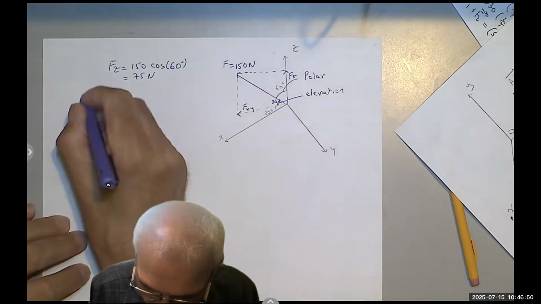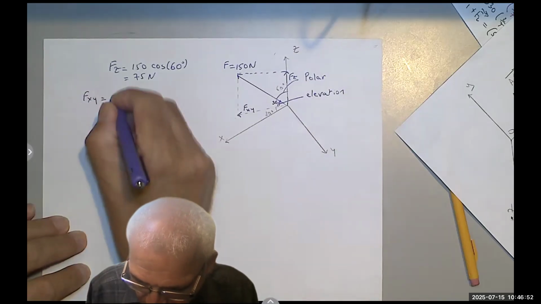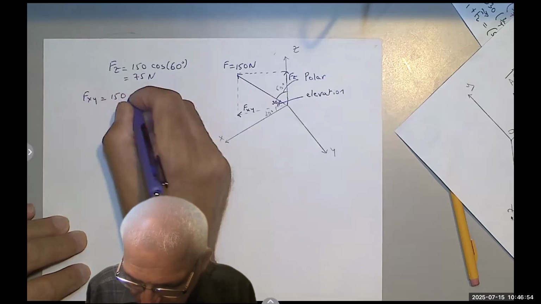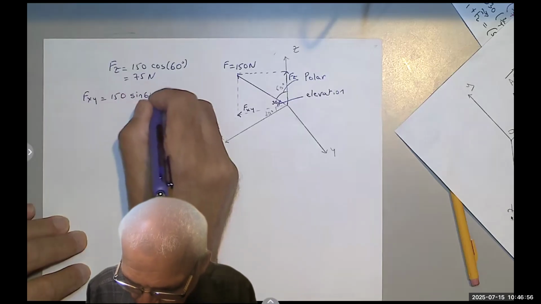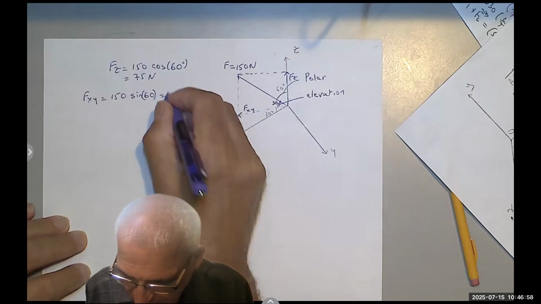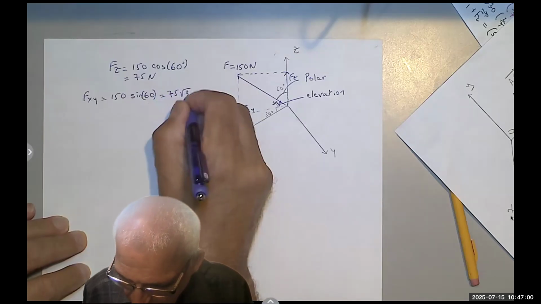So F sub XY would be 150 sine 60 or cosine 30, which is 75 root 3 Newton.